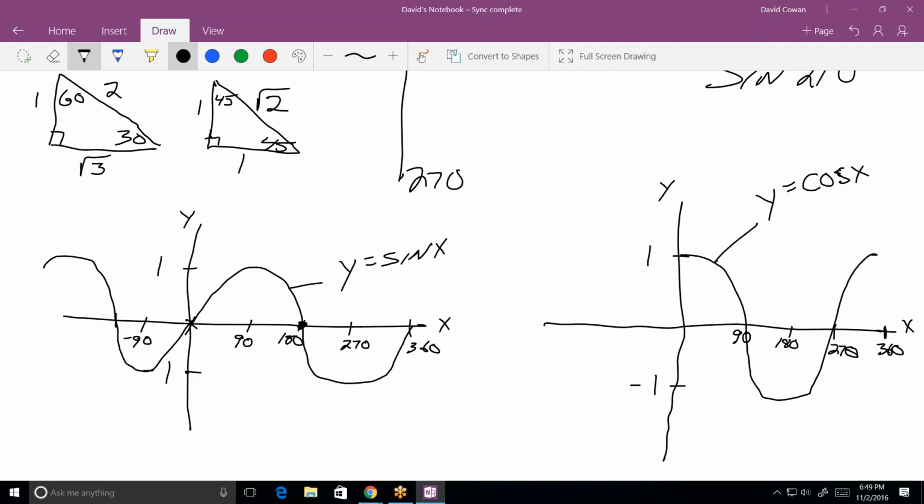So minus 90, that would be negative 1. Correct. There's a negative sign that I covered up right there. All right. What's the cosine of minus 90? That would be 0. Correct.